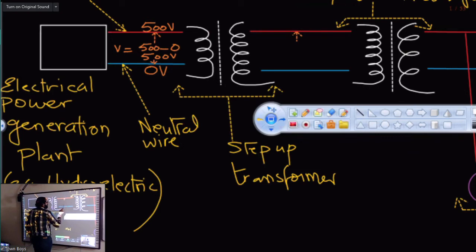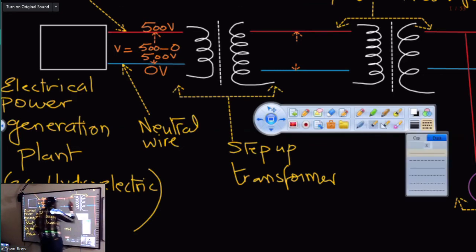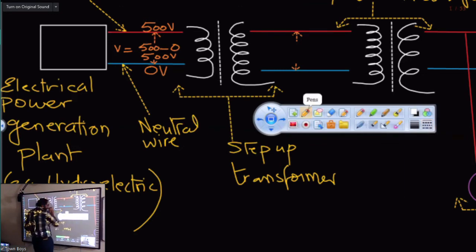Now, because it's a step-up transformer, I'm going to write the potential difference across this part, and let's make the potential of this part as 5 or 10,000 volts. Rather, I'll make it 100,000 volts.